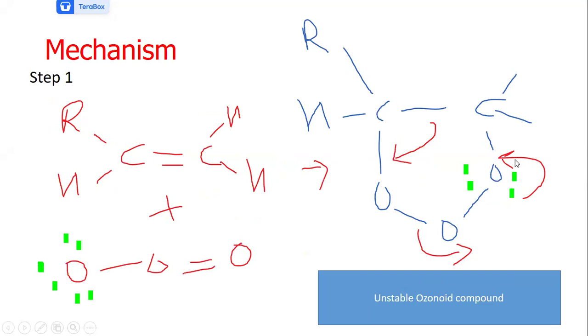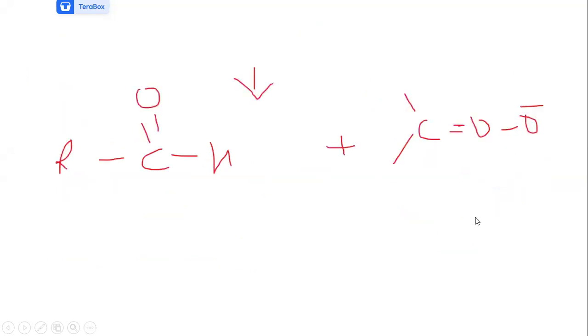This electron can move here, and these electrons of the carbon and this oxygen have high electron density, so electrons move toward this oxygen. Similarly, these bond electrons move toward this oxygen, and this is unstable and produces the carbonyl compound and this oxygen minus.